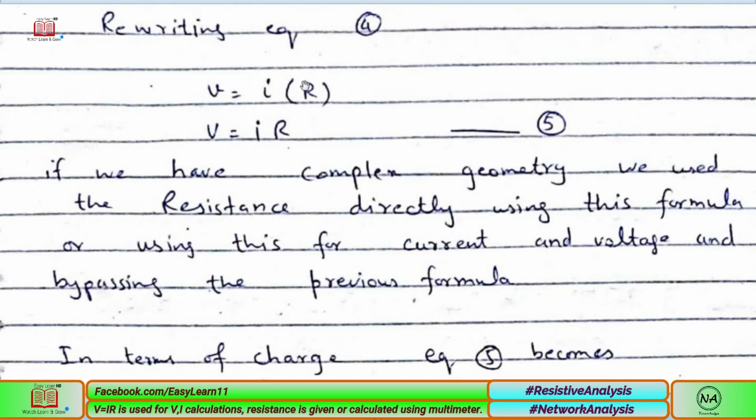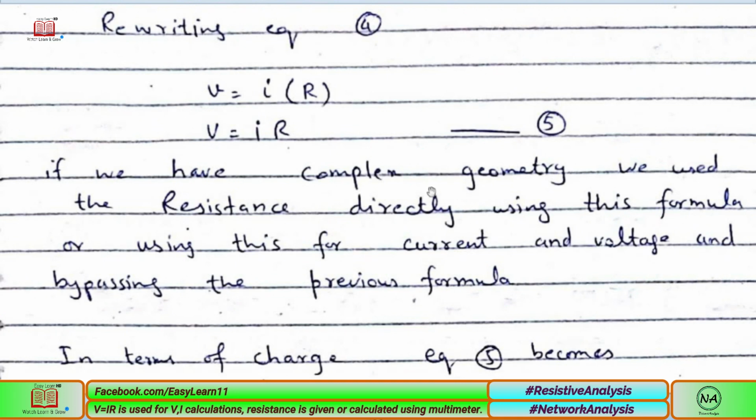V is equal to I, and the bracket is replaced with R, so it is much easier to substitute the value of a single term in this formula, instead of substituting the values of the three terms, L divided by sigma S. It may even be given to you. So multiplying the current with the resistance, we can easily get the value of the voltage.